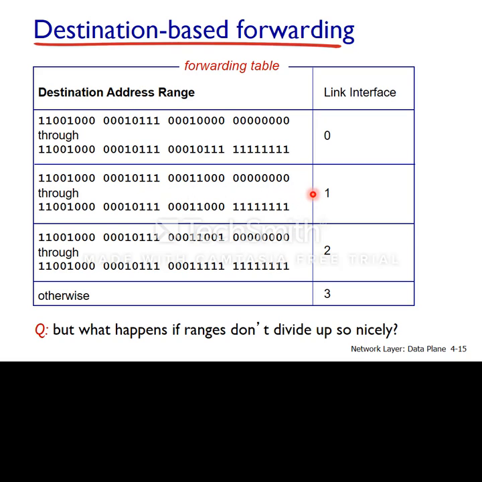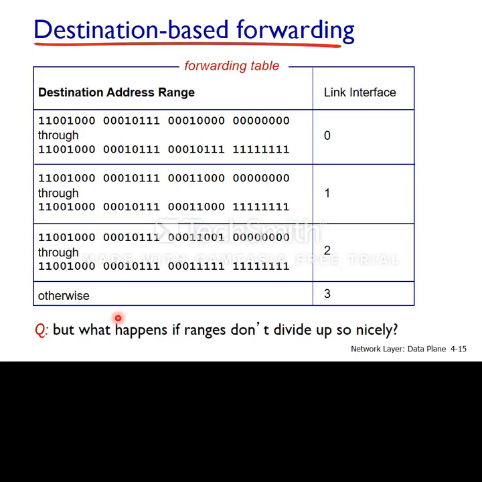For this output port, you notice that the first 24 bits are identical. And for this row here, the first 21 bits again, 8, 8, and then the first 5 bits here are identical, and these will go to interface 2.